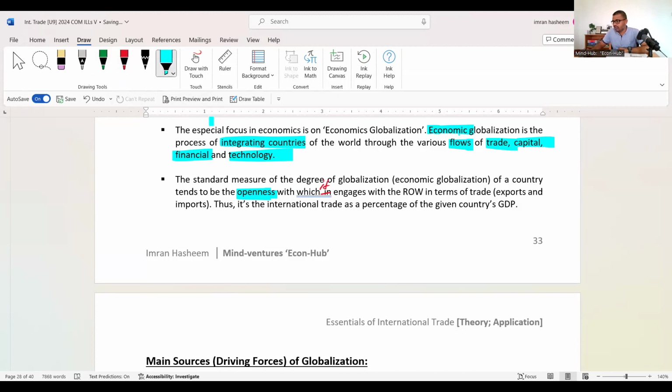So how openly do we engage in trade? Exports and imports tell us the level of globalization we are having. Thus, international trade as a percentage of a given country's GDP. Imports and exports as a percentage of the GDP tell us how globalized that country is. The thing you are going to find out anyway.